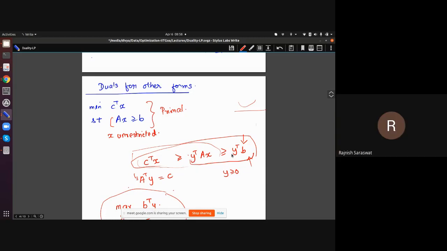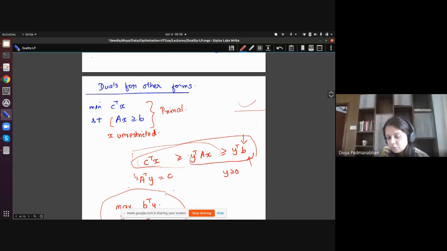Okay, so that's about this side. So this side is okay. Now you also want that, term-wise, each of these is less than C. So ideally you want A transpose Y to be less than or equal to C. Just term by term, each of the coefficients you want to be less than or equal to C. Now this is fine provided the x's are greater than 0.